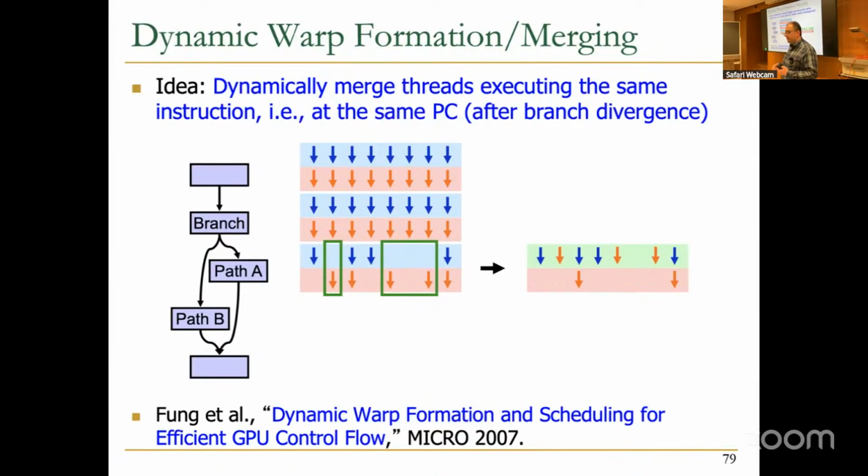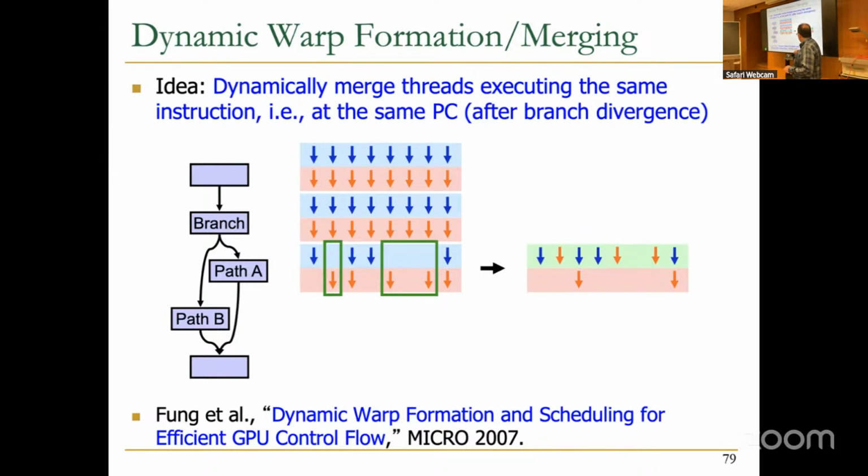There are actually, I would say, three important constraints when you want to do this. One is that the two warps that want to compact threads together should be at the same PC, which makes sense. Another is that thread IDs should not overlap. The third is that they should belong to the same thread block, because otherwise this can cause correctness issues.